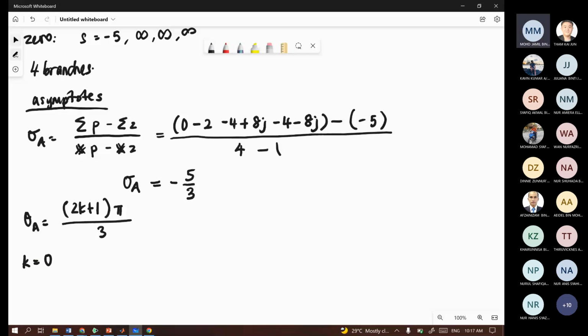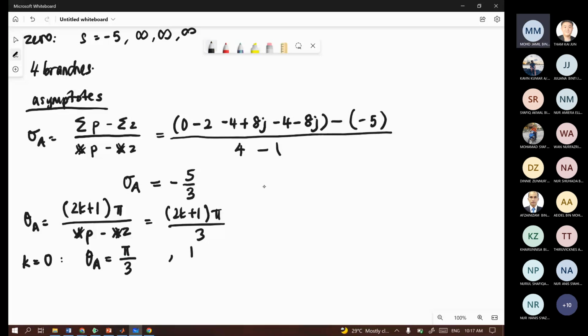Over number of poles minus number of zeros, which is 3. So at k equals 0, you get theta A equals pi over 3. Then repeat the process.